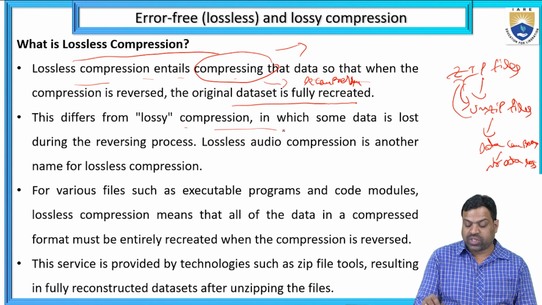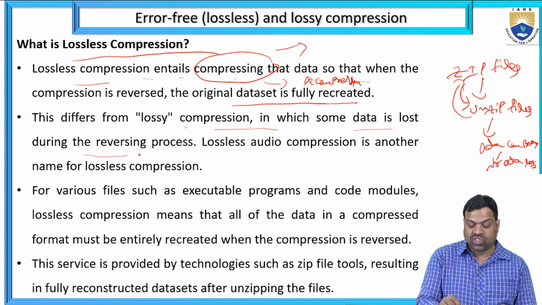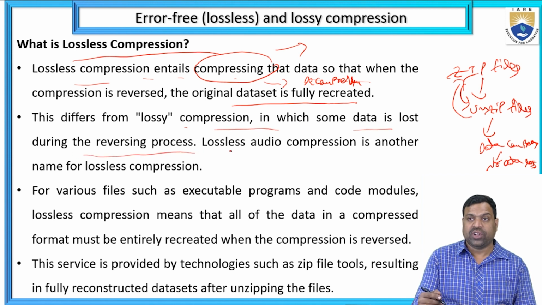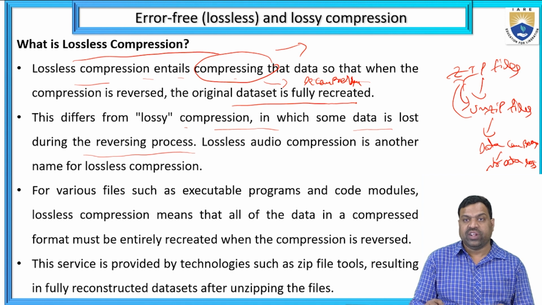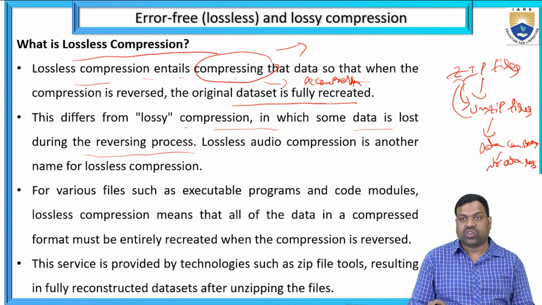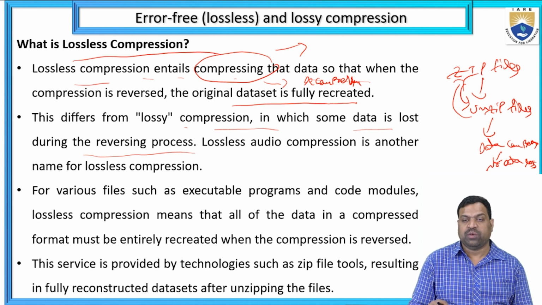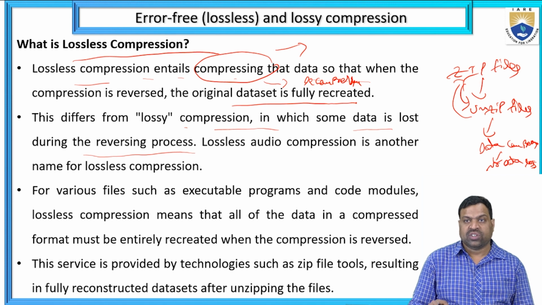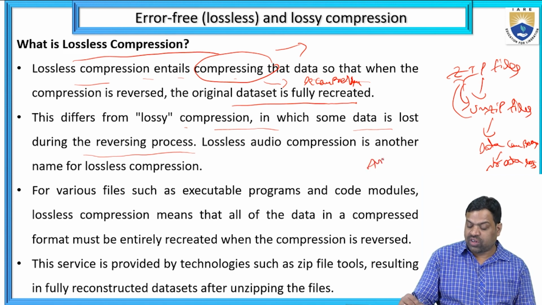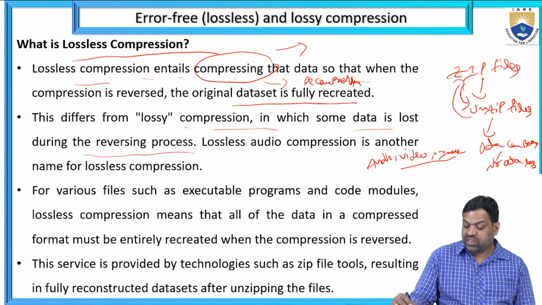In lossy compression, some data is lost during the reversing process. Maybe the data loss will be there when it is reversed. But lossless audio compression is another name for lossless compression. When I go for audio, video and images, these are the types of lossy files.